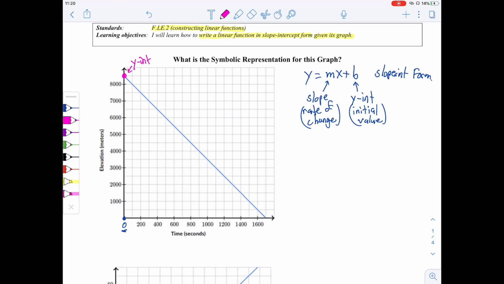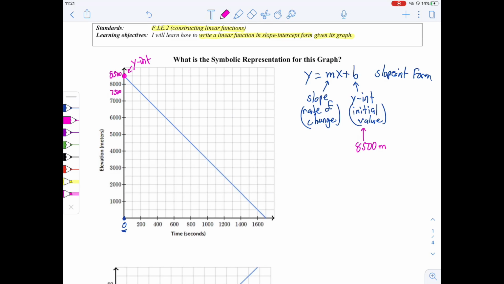Each line goes by 500s, like this will be 7,500, 8,000, and then 8,500. So our y-intercept is going to be 8,500, and this is in meters. So 8,500 meters, that's our y-intercept.